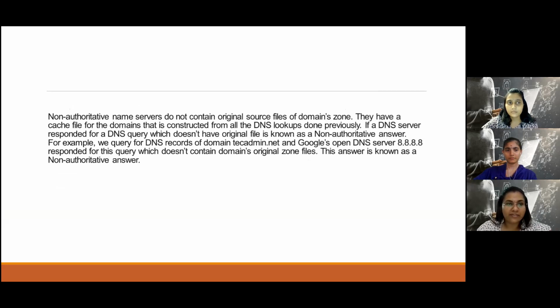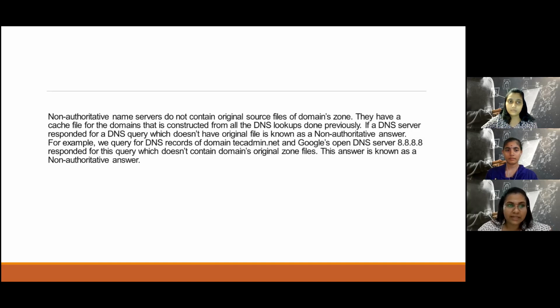Non-authoritative name servers do not contain the original source files of the domain zone. They have a cache file for the domains that is constructed from all the DNS lookups done previously. If a DNS server responds to a DNS query and doesn't have the original file, it is known as a non-authoritative answer.